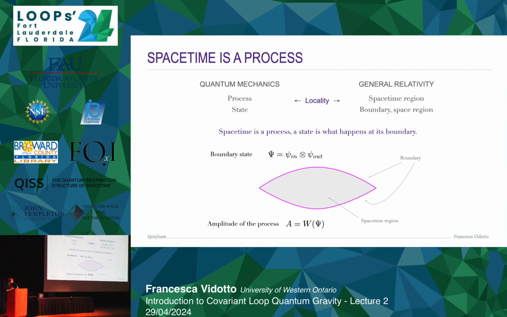Imagine you make a measurement of your quantum geometry, then you make another measurement of the quantum geometry at a later time. These two geometries may be different, and I want to know the probability, given my initial state, to find the final one.